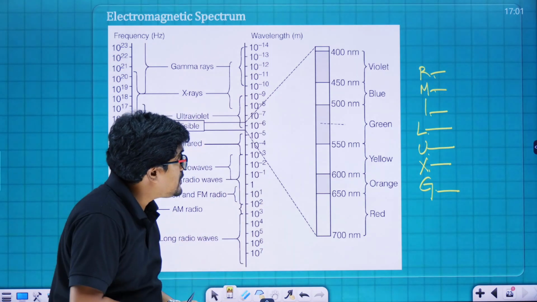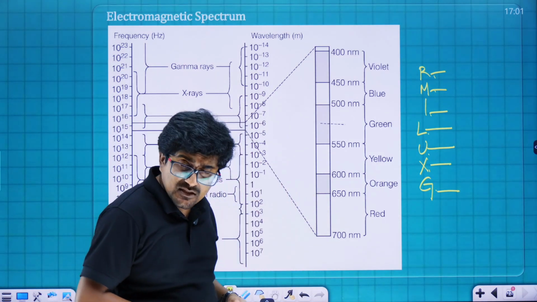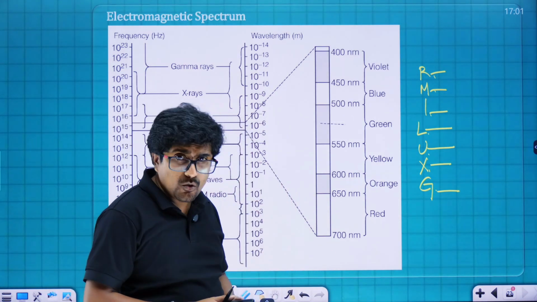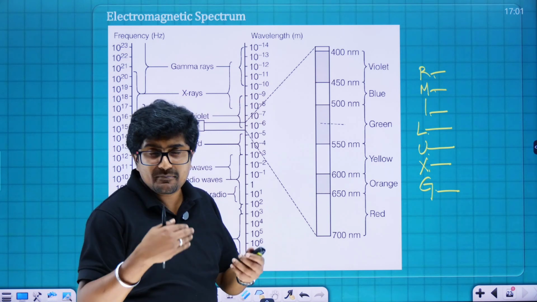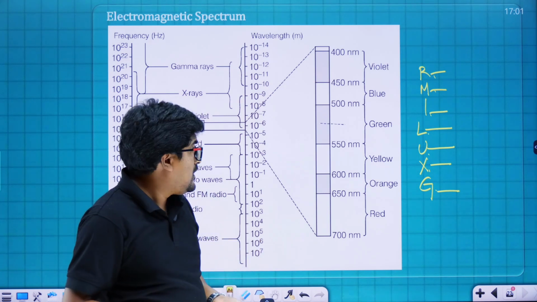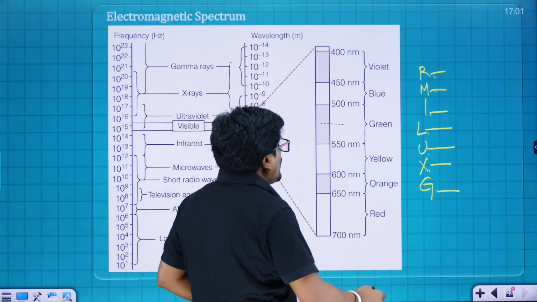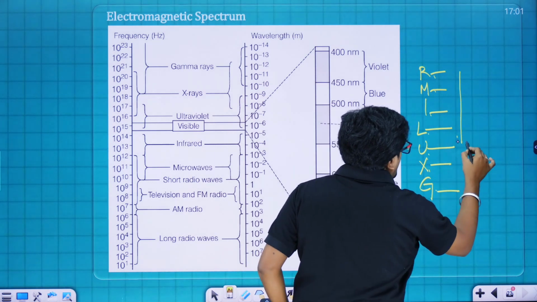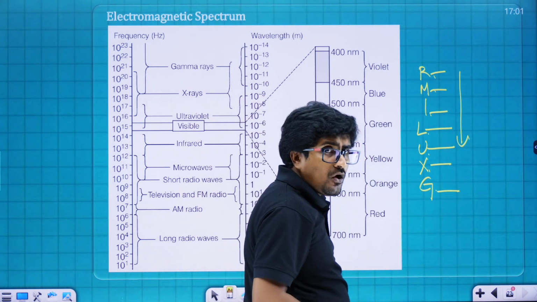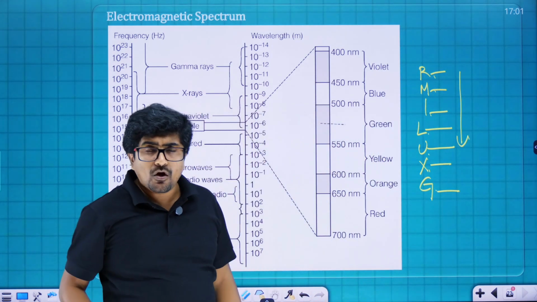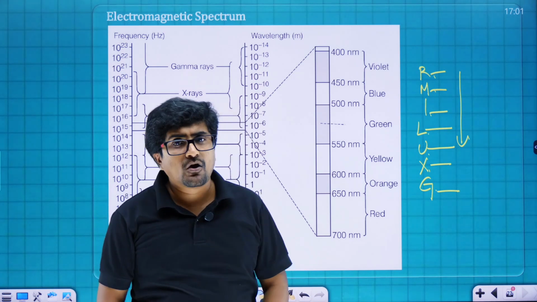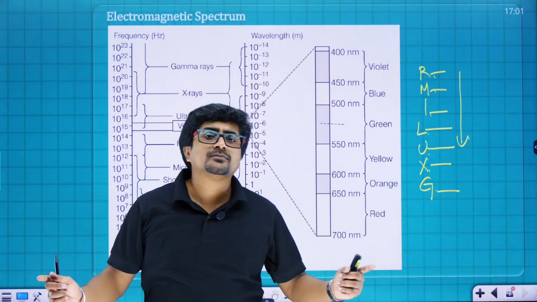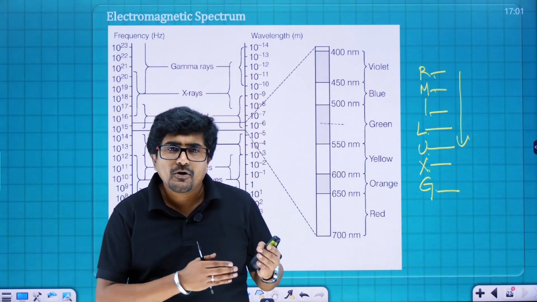So you must go through that section as well, and if you can identify any code of your own to keep things in mind, that is very good. And this particular order is in increasing order of energy, increasing order of frequency and decreasing order of wavelength. That was all from the recap video of module 2.